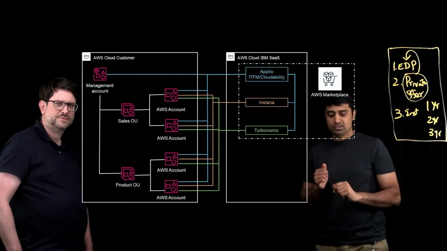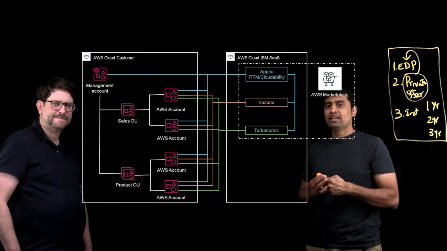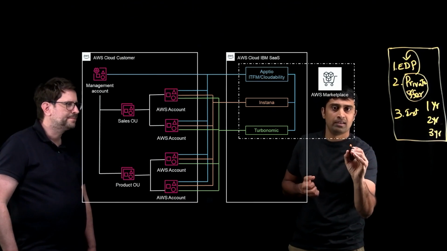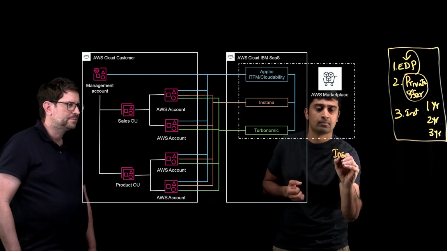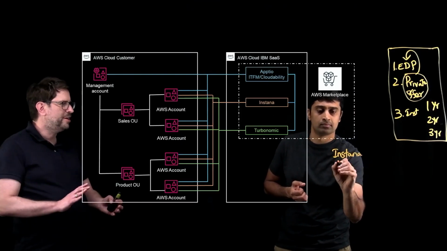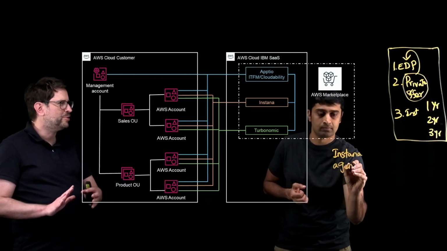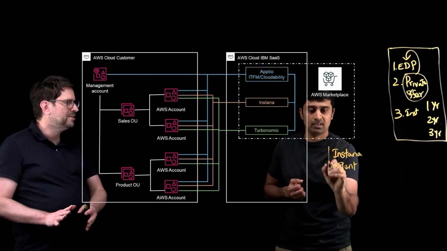There is one instance where customers would need to deploy an Instana agent. And that's just to be able to collect the observability metrics from their services on AWS? Yes, exactly.